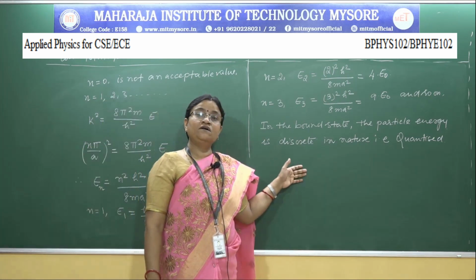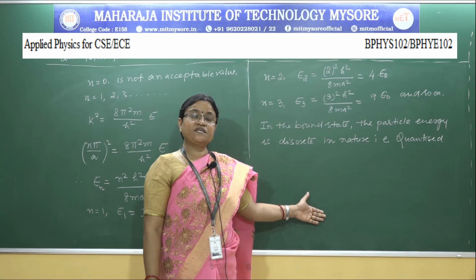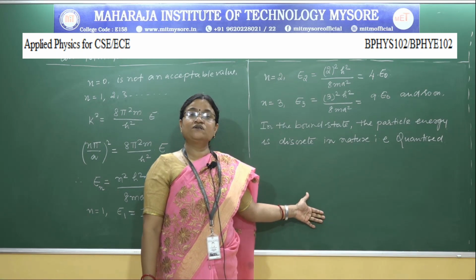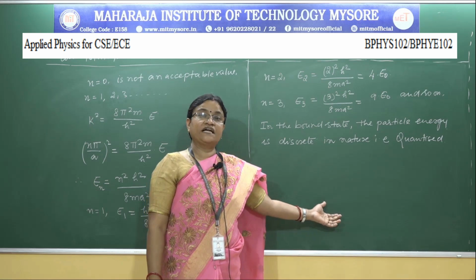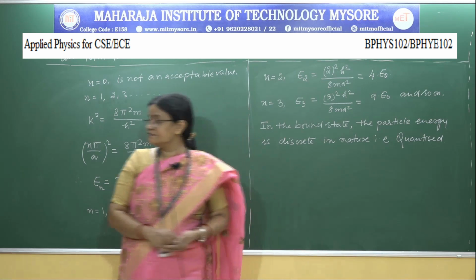So next, we have seen in the previous equation that psi is equal to a sin n pi by a into x. Now what we have to do is find out the value of a.